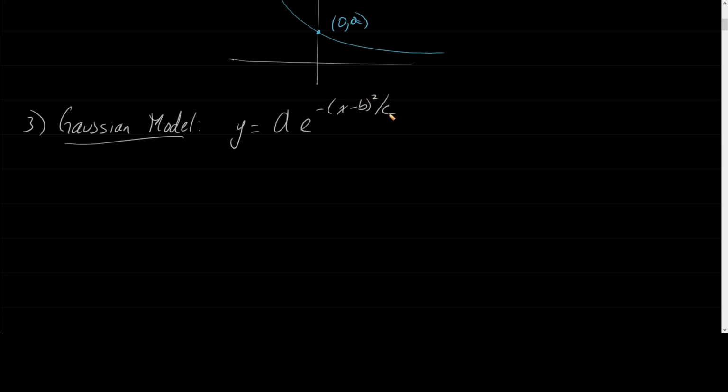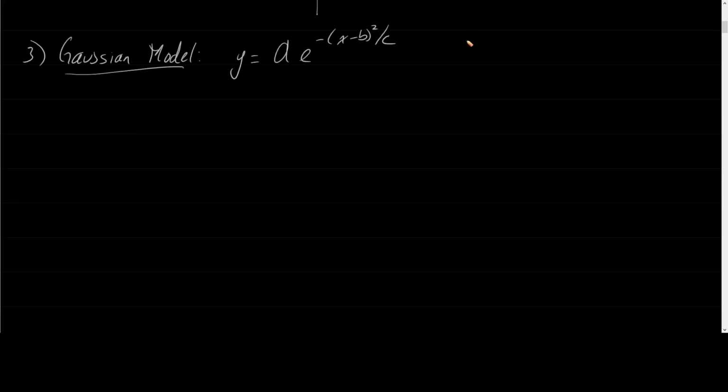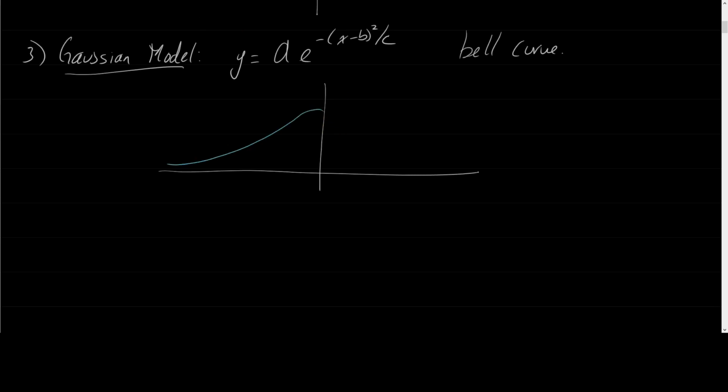All right, now in here, this is called a bell curve. You would see this kind of graph in a statistics course. So I'm not going to focus on this graph too much, but that's essentially what the bell curve looks like.